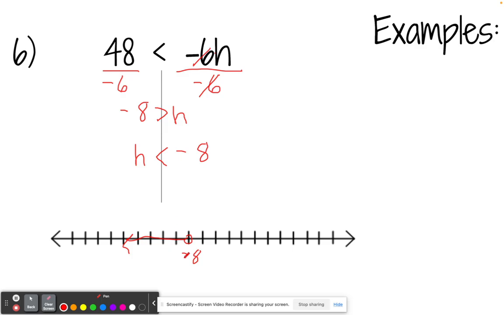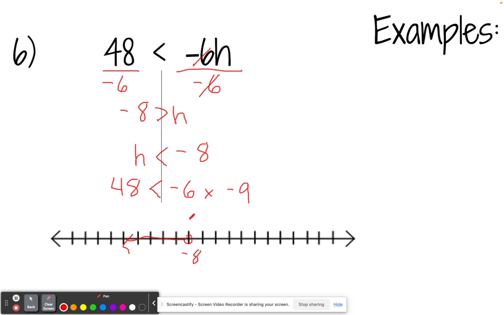Well, let's think of a number less than negative 8. How about negative 9? We can try that. Is 48 less than, notice I'm going right to my original equation, negative 6 times negative 9?